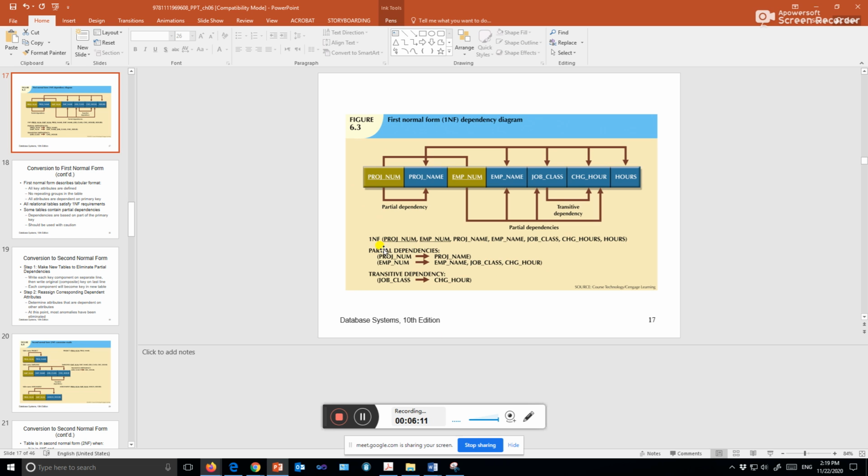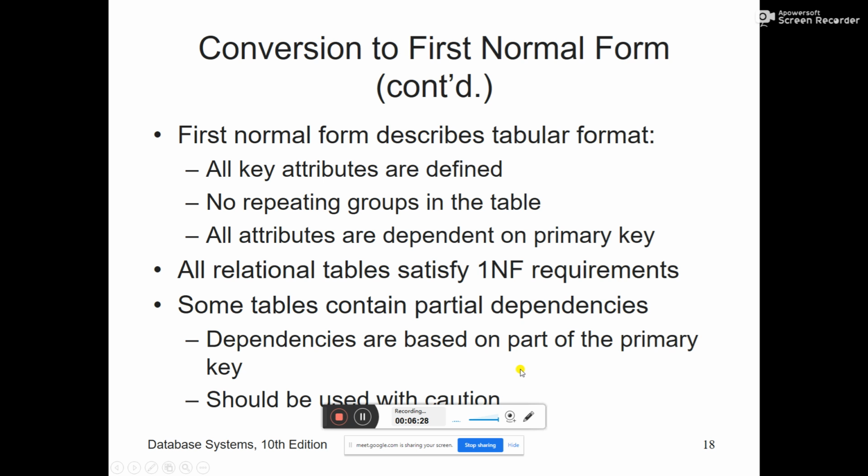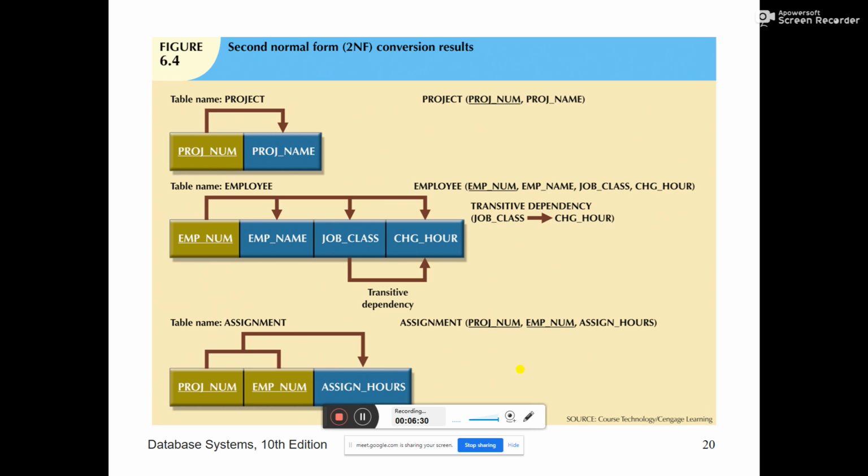And the same thing is over here. We have two partial dependencies here: project name depends on project num, and employee name, job class, charging hour depend on employee num. So what we did is, when we want to convert to second normal form, if you have a composite key, you divide it into single attributes: project num separate, employee num separate, and overall key separate.